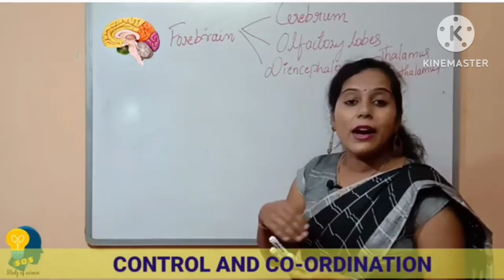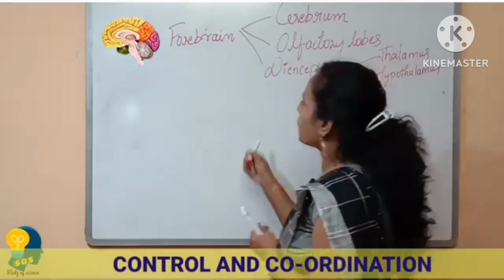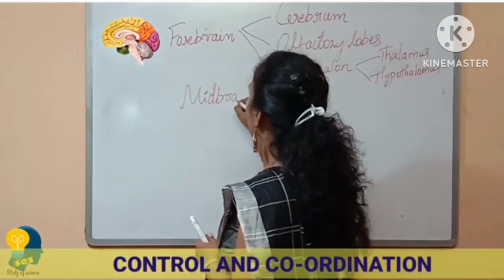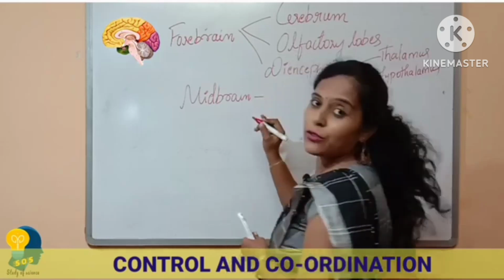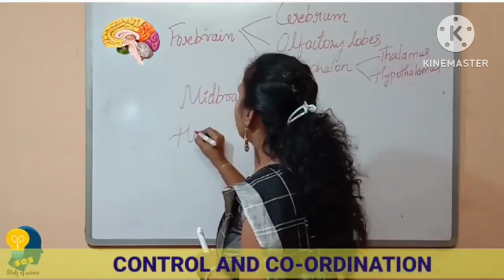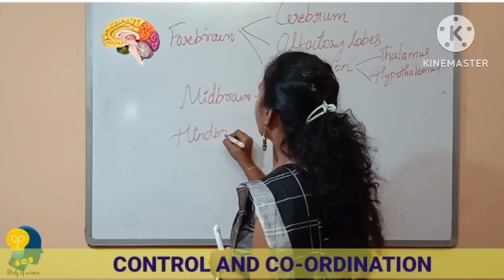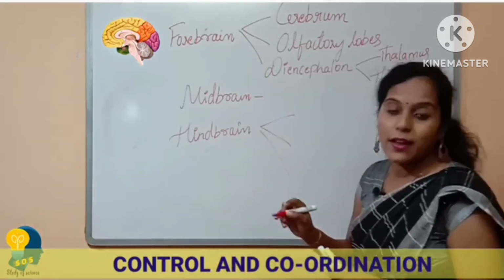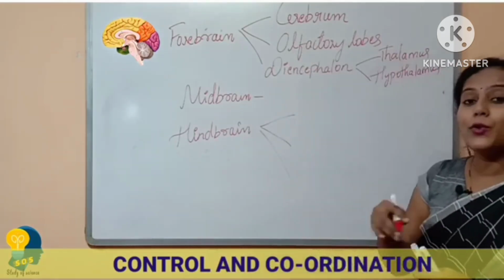Okay. So, next one is the midbrain. Midbrain is not classified here. Then the hindbrain. See, hindbrain is also classified into 3 parts.